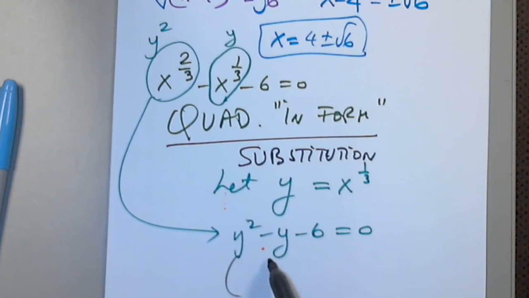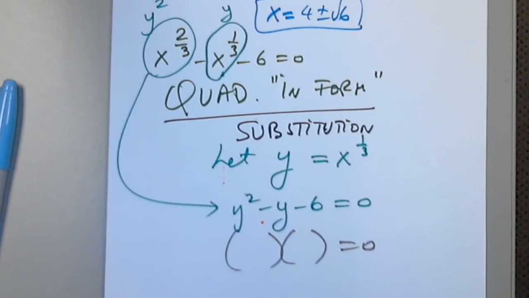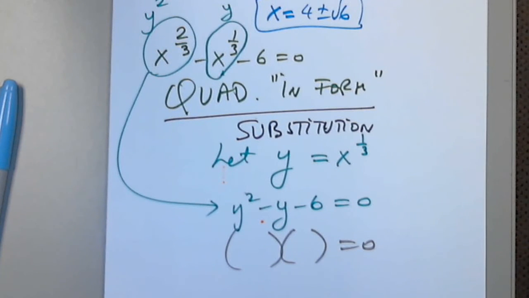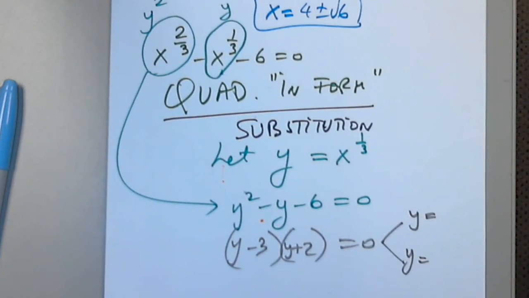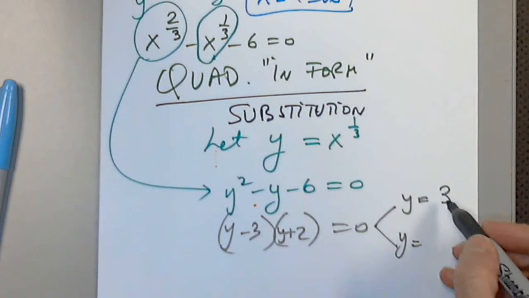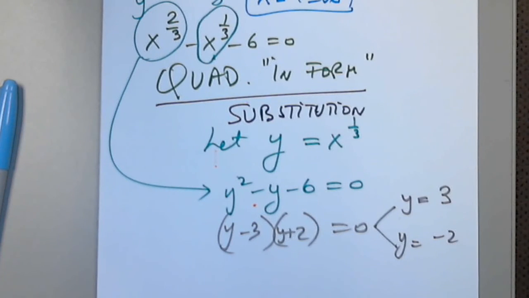So now this should not be difficult to factor. How do I factor y squared minus y minus 6? y minus 3, very good. So then we have two options for y. Is this done? No, because we only solved for y. We did not solve for x.